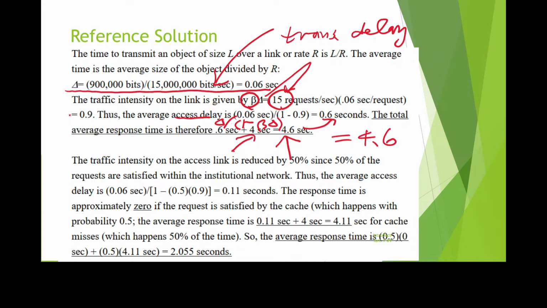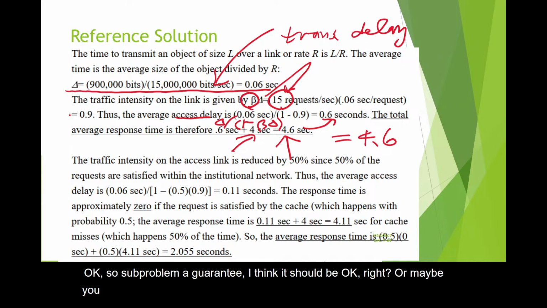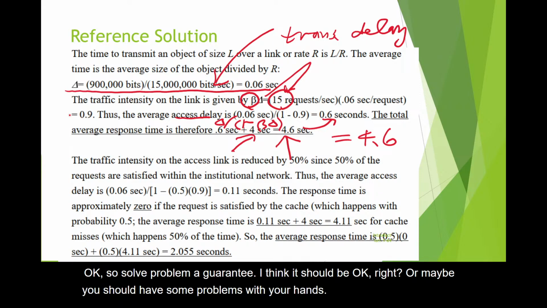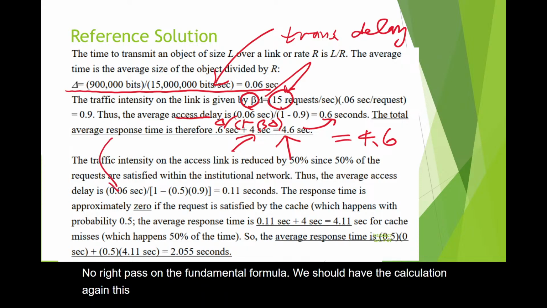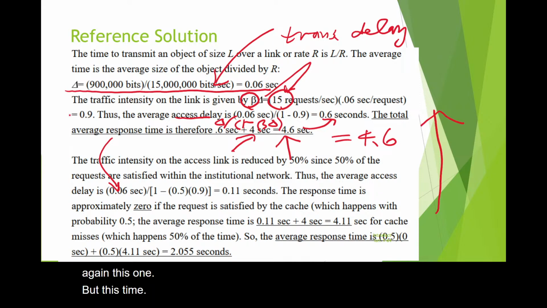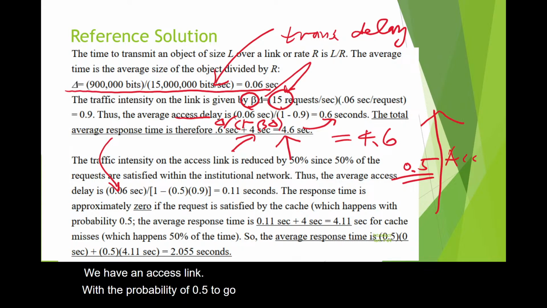Okay, so subproblem A, currently, I think it should be okay, right? Or maybe you have some problems, raise your hands. No, right? Based on the fundamental formula, we should have the calculation again, this one. But this time, we have an access link with a probability of 0.5 to go through the access link.